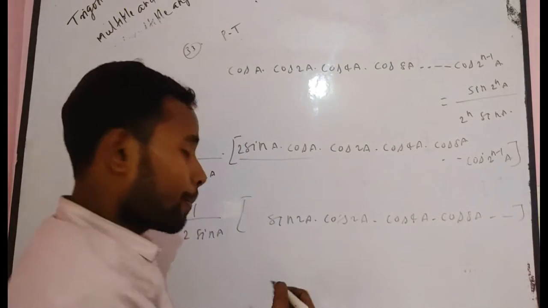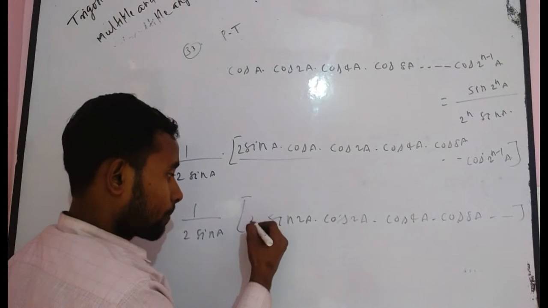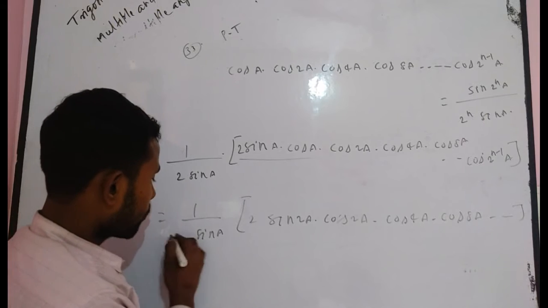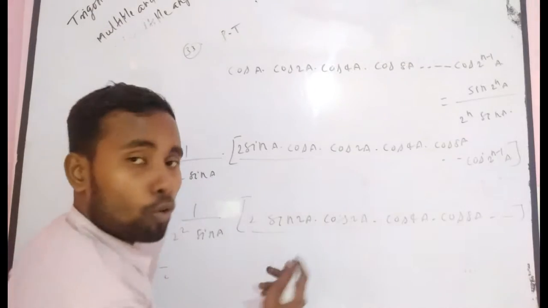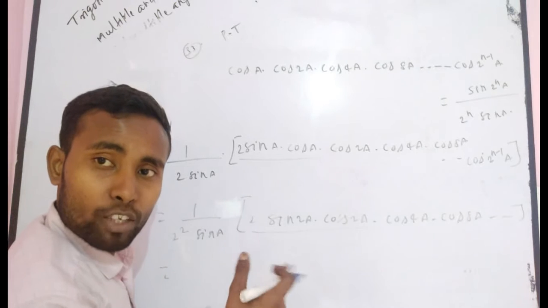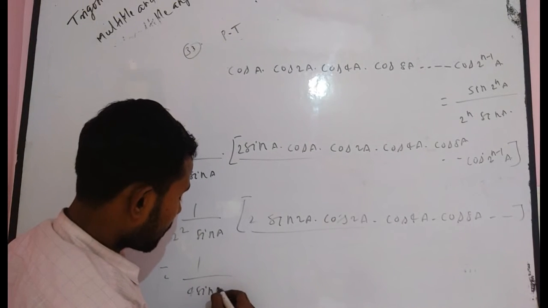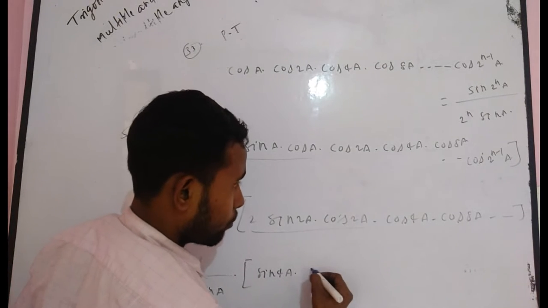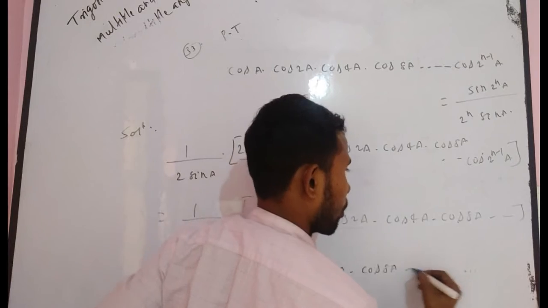Now again, if you multiply numerator and denominator by 2, what do you get? In the denominator you get 2 to the power 2 and it becomes again 2 sin 2A into cos 2A. What will be the formula of 2 sin 2A into cos 2A? You definitely tell again 1 upon 4 sin A into sin 4A into cos 4A into cos 8A dot.